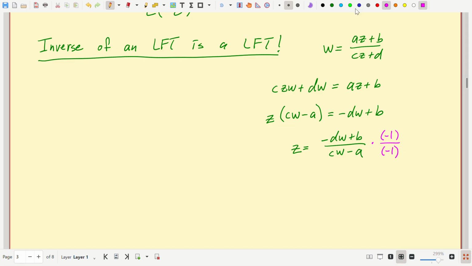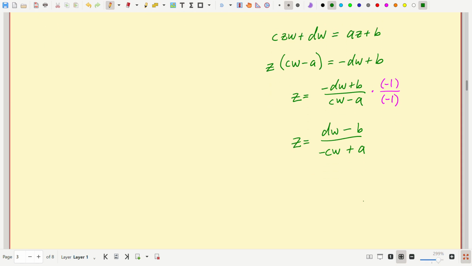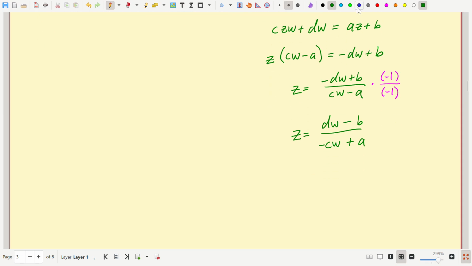That's going to give me Z equals DW minus B over minus CW plus A. That's kind of an interesting thing to stare at for a minute. Okay, so what did I get?